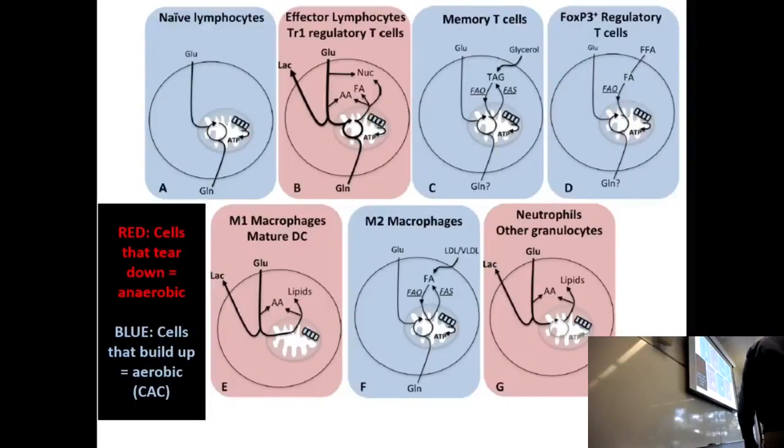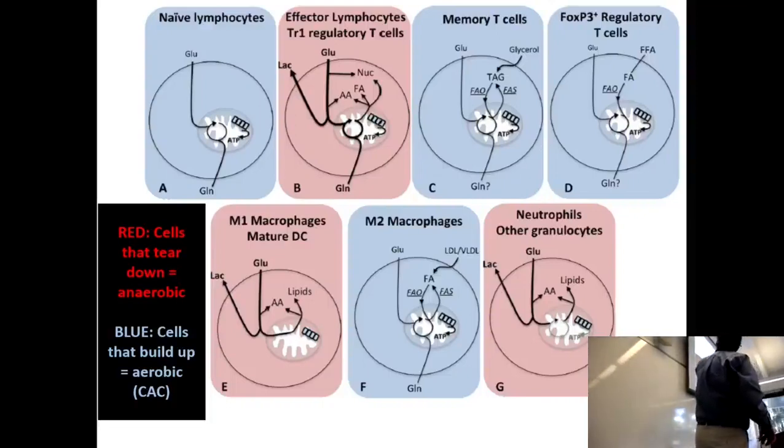The blue is aerobic, going down the citric acid cycle, and the red is cells that are tearing down. They're in an anaerobic mode. And you can see that you have glucose coming in, lactate coming out, in all three of the red ones. These are the different types of immune cells that do the anaerobic kind of metabolism.